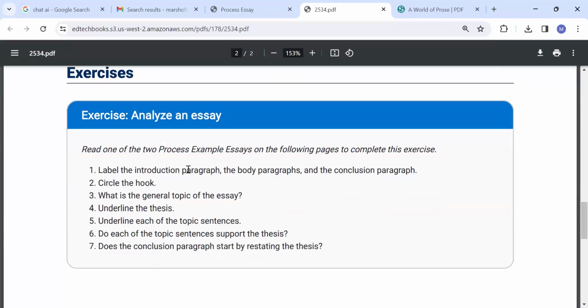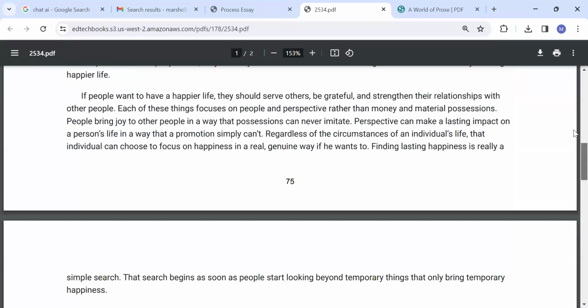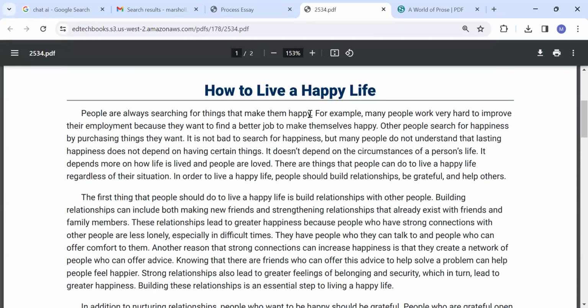Okay, so it asks us to analyze. We have already labeled the introductory paragraph, the body, and the conclusion. This thing that is called a hook, this is also what we call the introductory sentence. So the introductory sentence would definitely be this sentence. This is the hook, and it's really to hook the reader's attention.